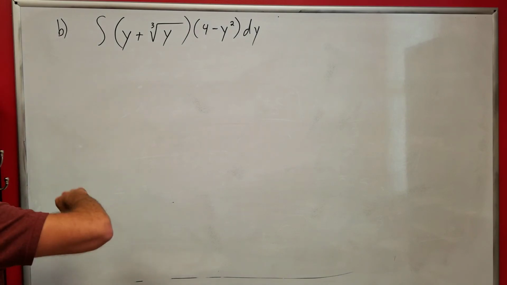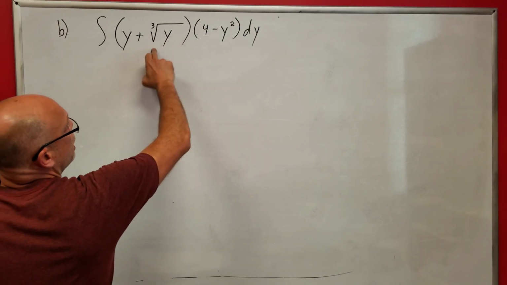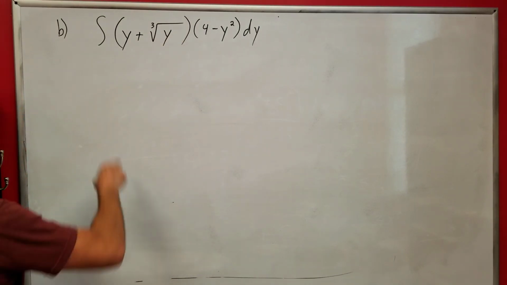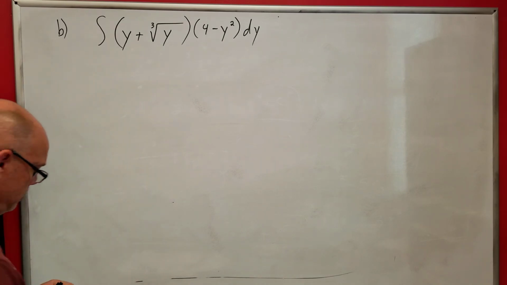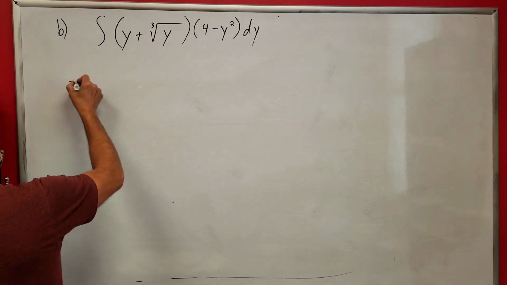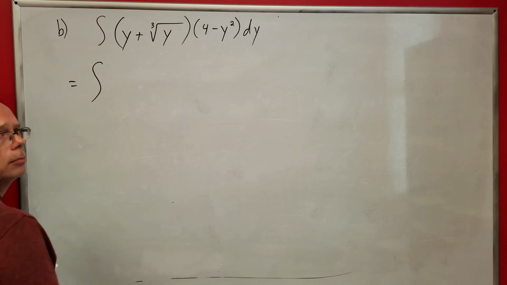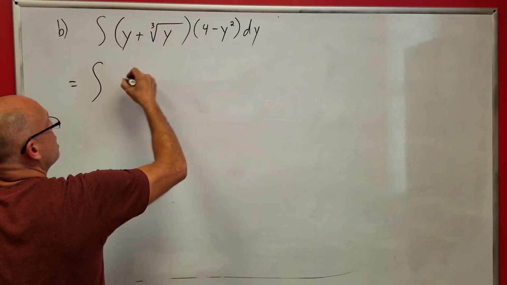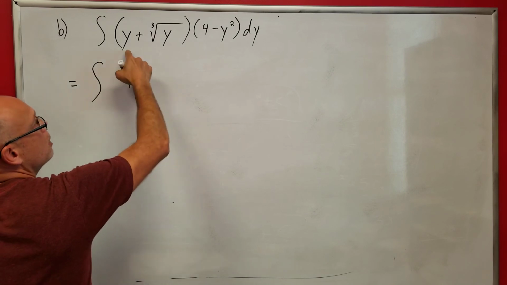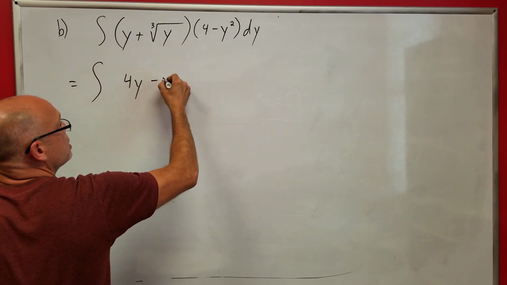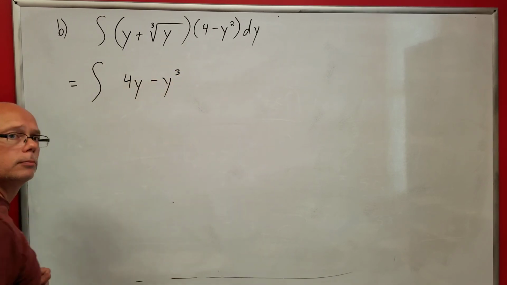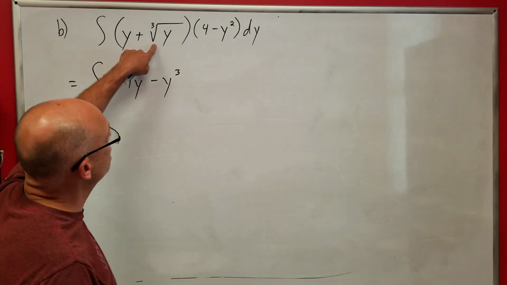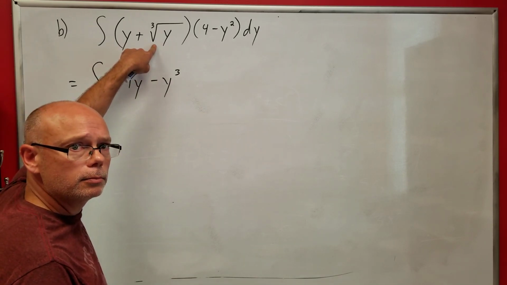No. What we do is we just multiply this stuff out first before we take an antiderivative. So I'm going to bring down my integral sign and use the distributive property: y times 4 is 4y, y times negative y squared is negative y cubed. Well, the cube root of y is really y to the 1/3, right?